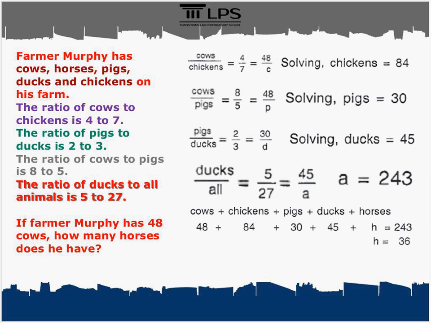A lot of information is given and you are asked to use that information in order to find the answer. So what I did is I used cows to chickens initially to get the number of chickens, because I knew that I required the ducks to get the total number of animals eventually. Remember that the total number of animals is compared to ducks.